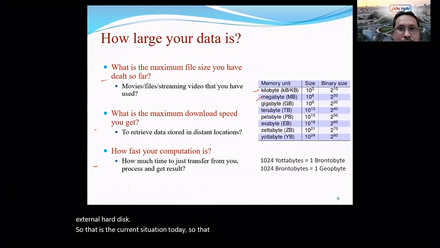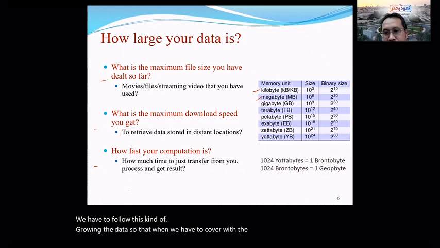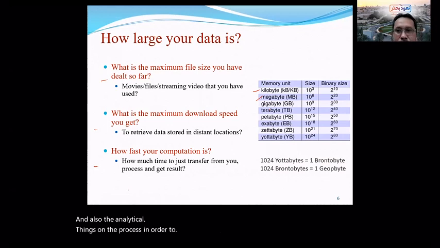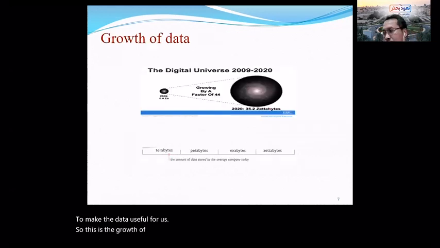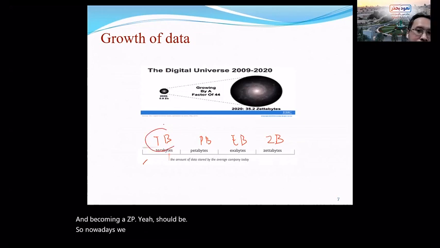The data is very large right now, so we have to follow this growth of data. We have to cover it with computation and analytical processes in order to make the data useful for us. So this is the growth of data, the digital universe. Now we are at terabyte, TB, and approaching PB, EB, and becoming ZB.